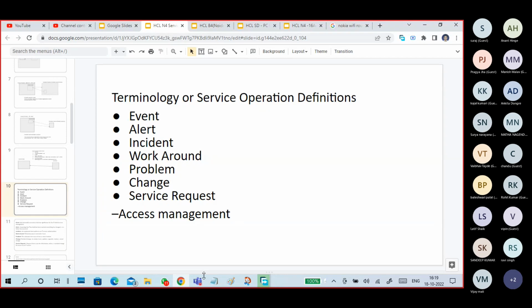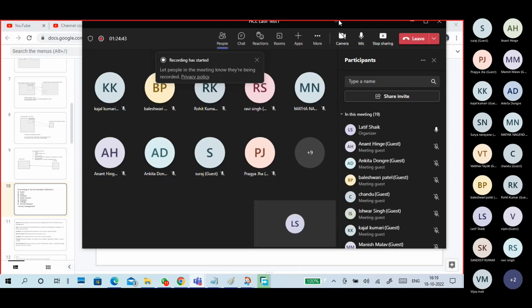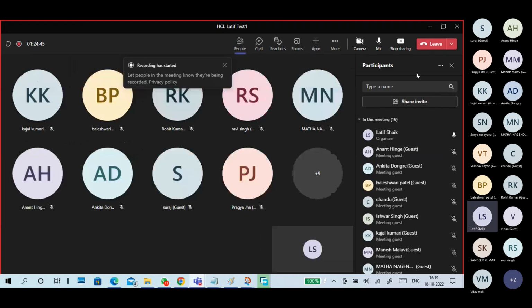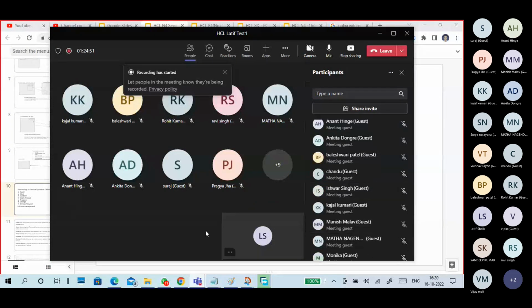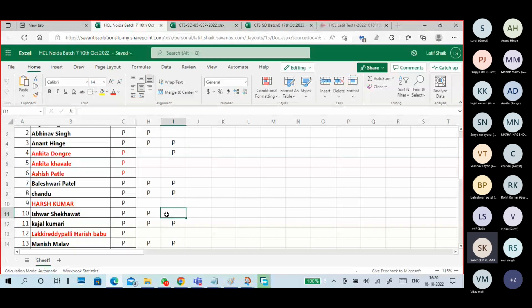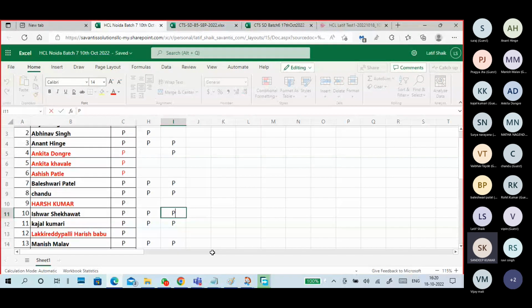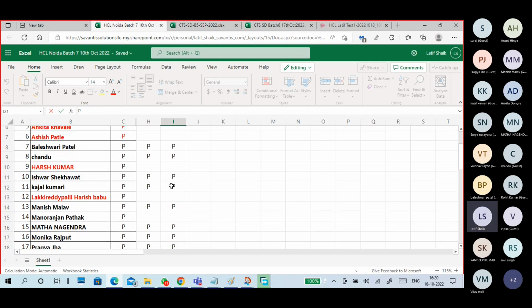Someone is added, someone is gone. Who added, who gone? Me, Sandeep Kumar, and Ishwar Shekawat.